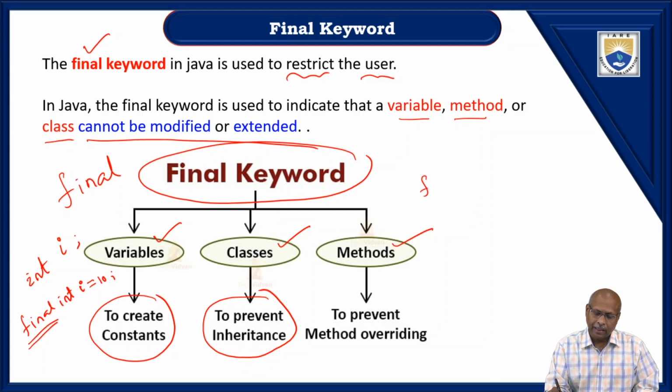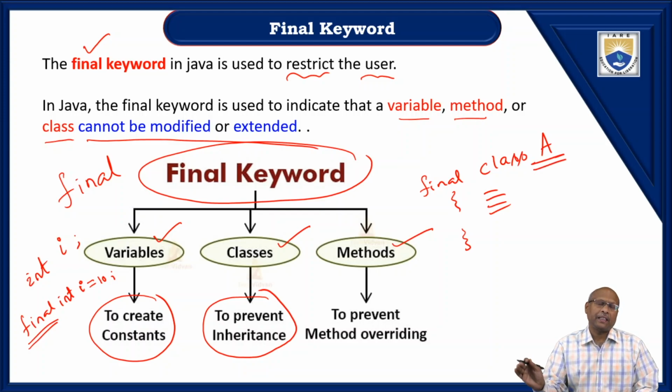You can write final class A. Automatically A becomes a final class. You cannot inherit, you cannot extend. That is the advantage of a final class, because sometimes an application may say that whatever the specification is, you have to follow it. You should not modify it, you should not change it. In that case, go for final.